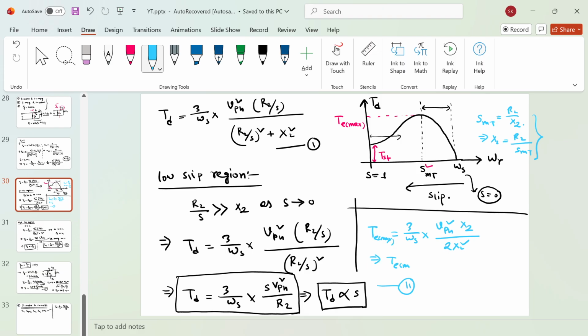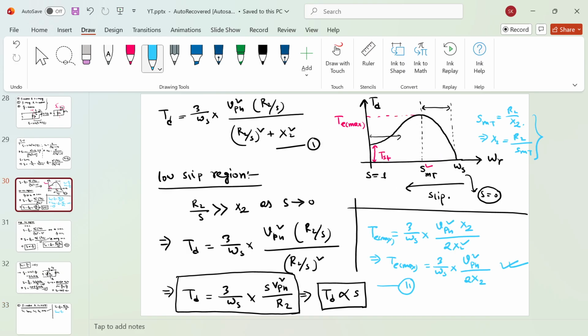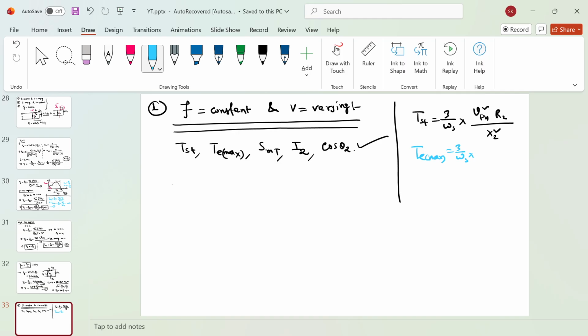So TE max is 3 by omega s, Vp square by 2 X2. This is one more equation. And slip at maximum torque is R2 by X2.